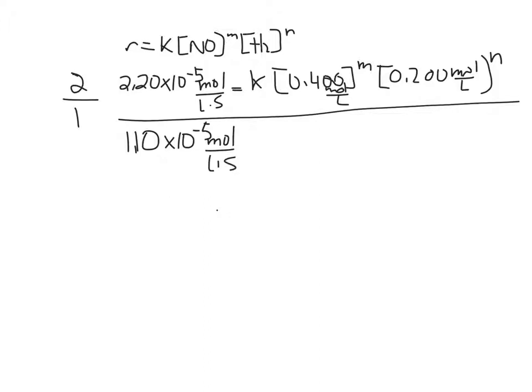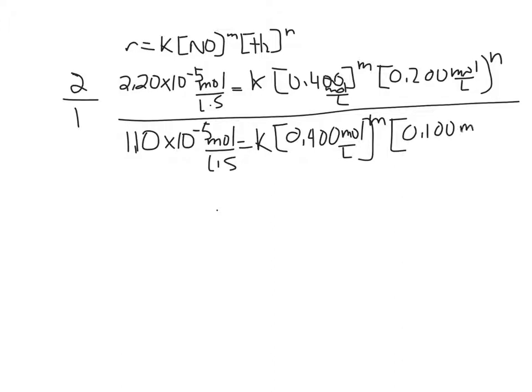So trial 1, we have the rate, we have the K, we have the concentration of NO, and we have the concentration of H2. So everything is going to cancel except for these.